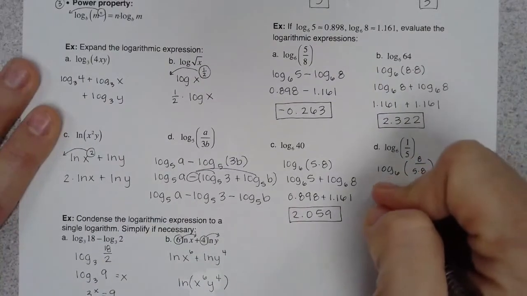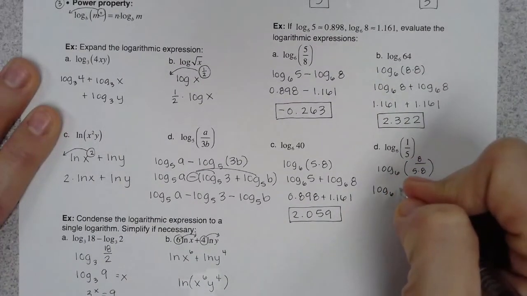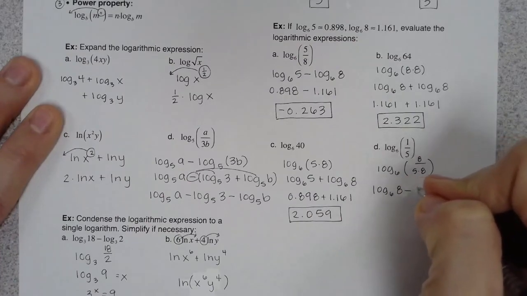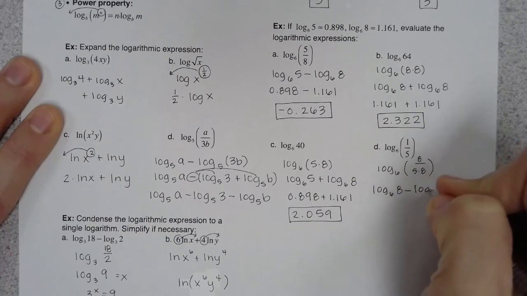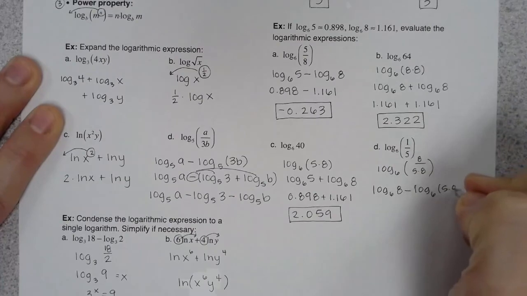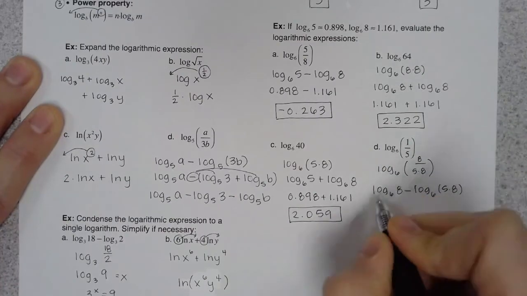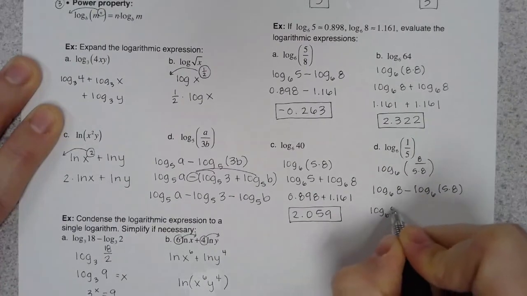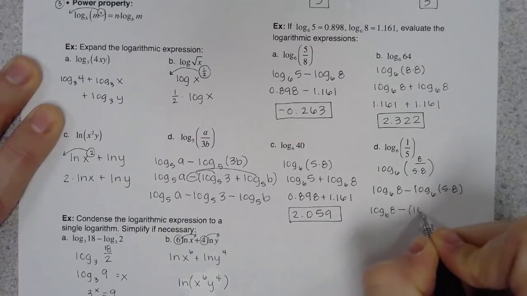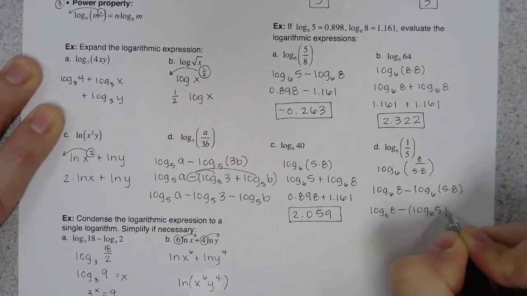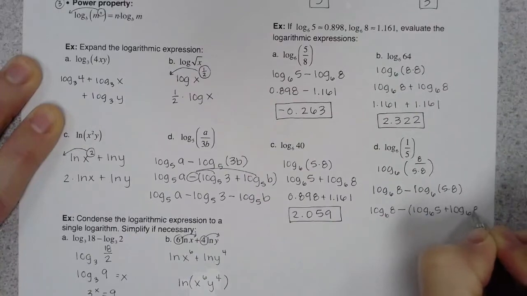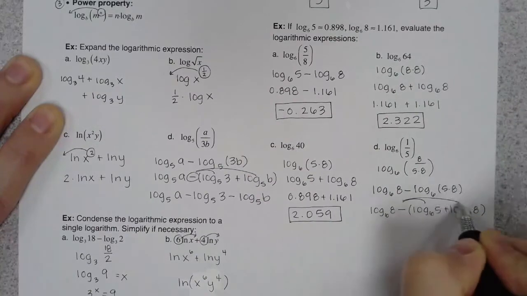So when you expand it, it's going to be log base 6 of 8 minus log base 6 of 5 times 8. And then remember, this product will become addition. So it'll give you log base 6 of 8 minus log base 6 of 5 plus log base 6 of 8. And then you have to distribute the negative.